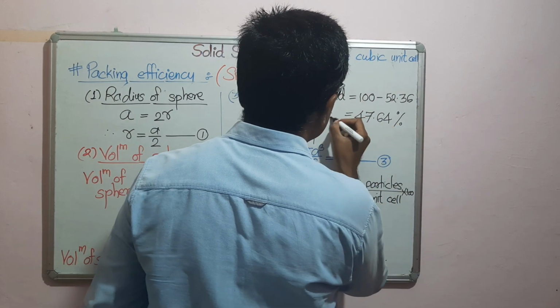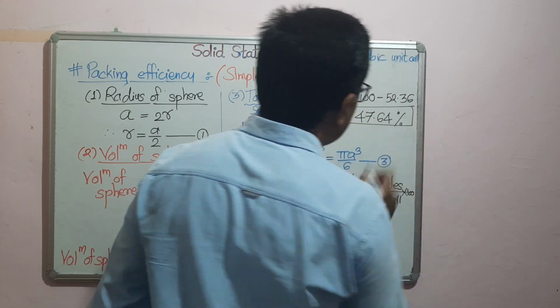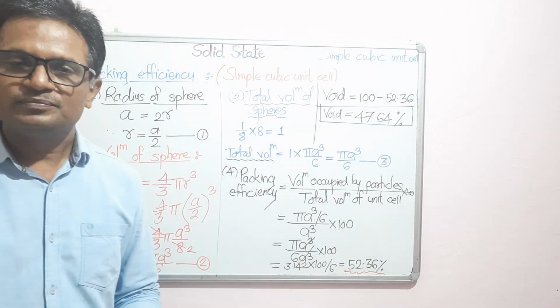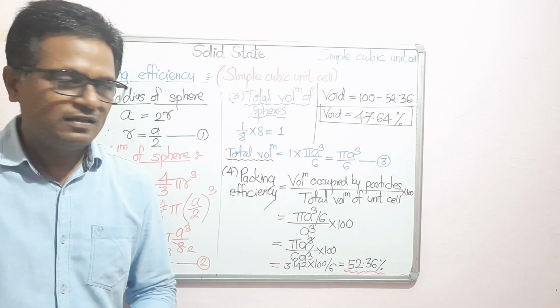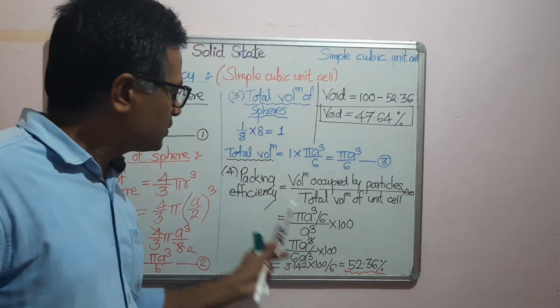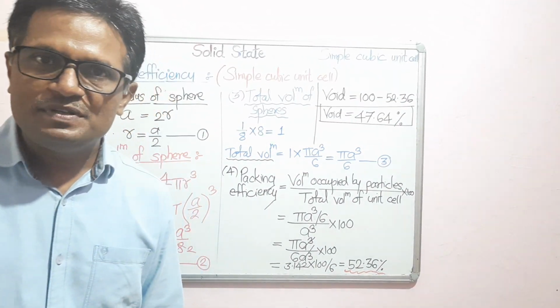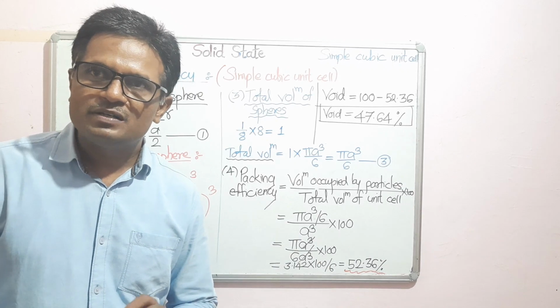So this is the percentage void, the empty space inside the simple cubic unit cell. This much is empty space and this much is the space occupied by the particles. This is the packing efficiency in the case of a simple cubic unit cell.